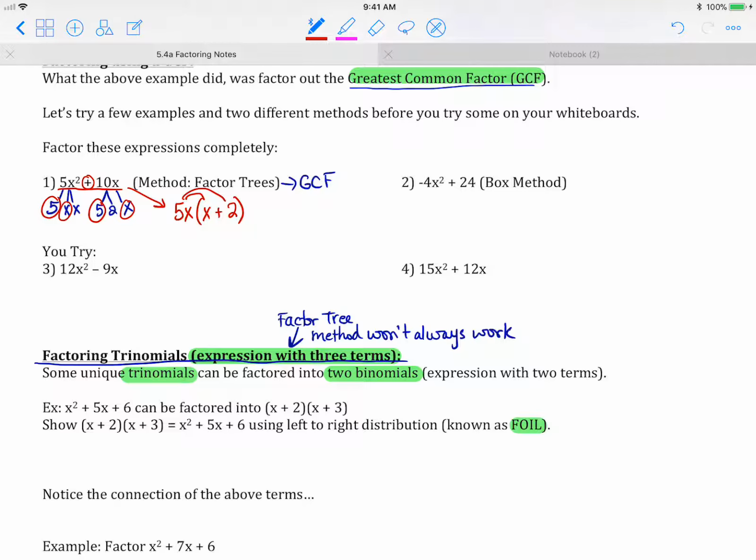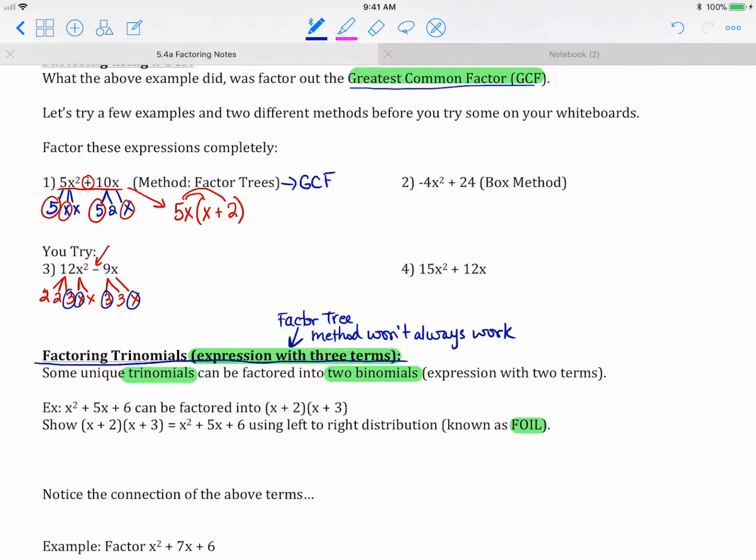All right, so let's look at this U-try. We can break this down into 2 times 2 times 3, and then we have 2 x's. And we can break this down into 3 times 3, and then we have an x. I'm not worried about the negative. I'm going to use it as my connector here in a minute. What they have in common is a 3 and an x.